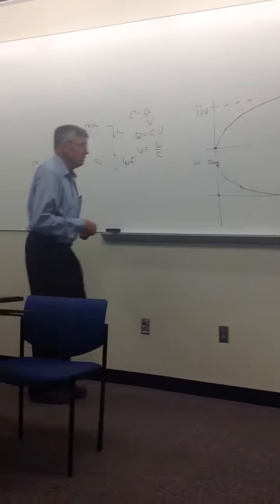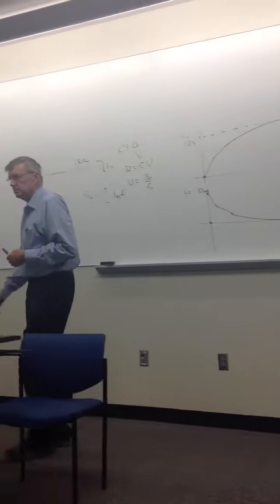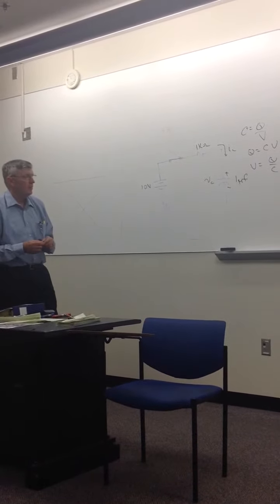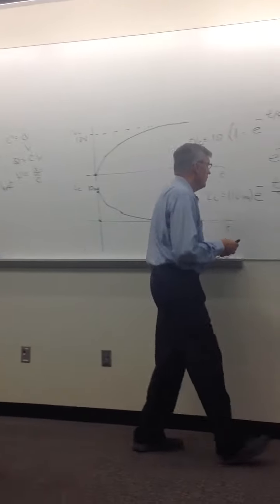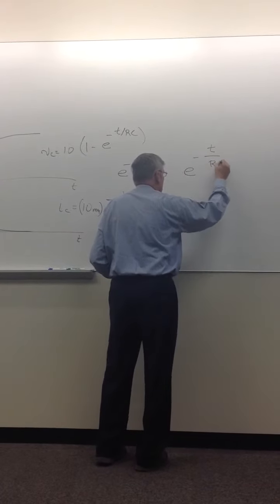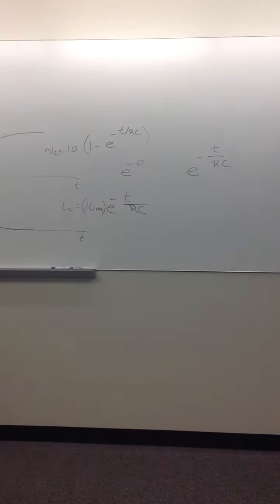Just like this is going to be the battery divided by the resistance, V over R. We get e to the minus t over RC.